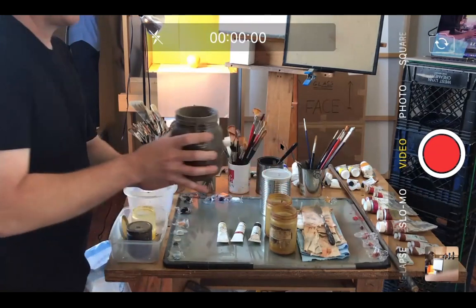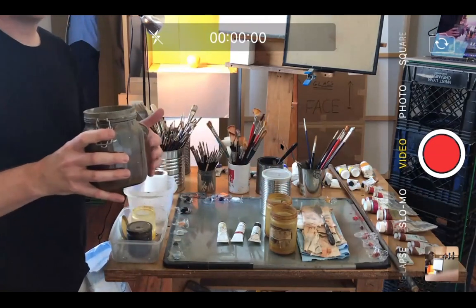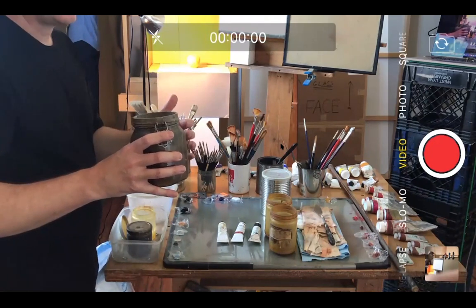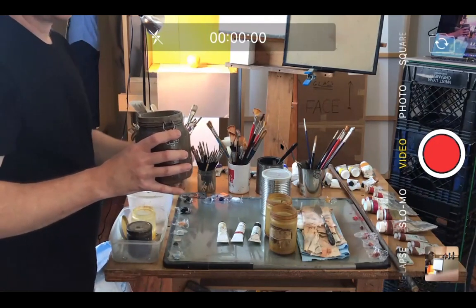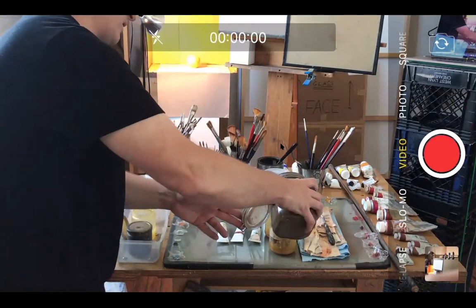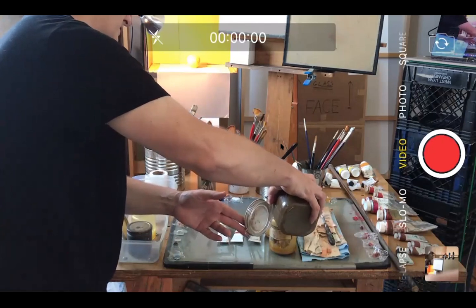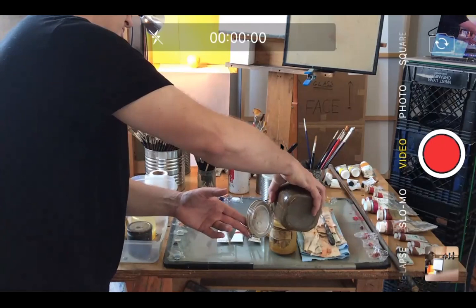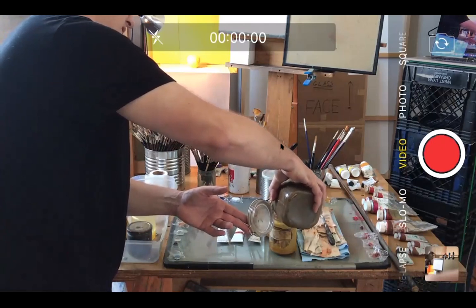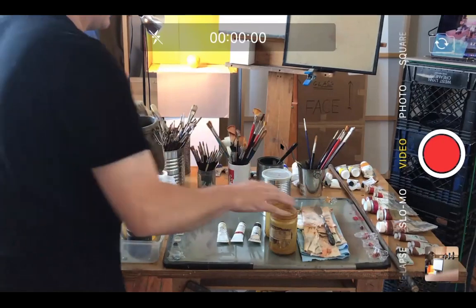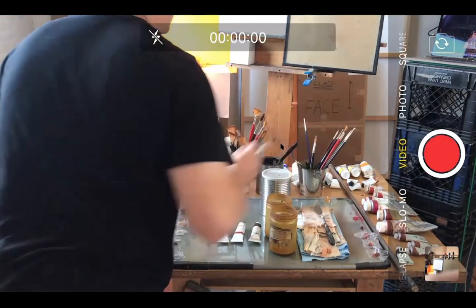So what I'm going to do is, I used these mineral spirits yesterday. Yesterday at the end of the painting day, my mineral spirits were muddy and cruddy. But overnight, the paint crud has settled to the bottom. So I'm going to pour out the clean mineral spirits into my transfer jar. I'm going to take a brush.